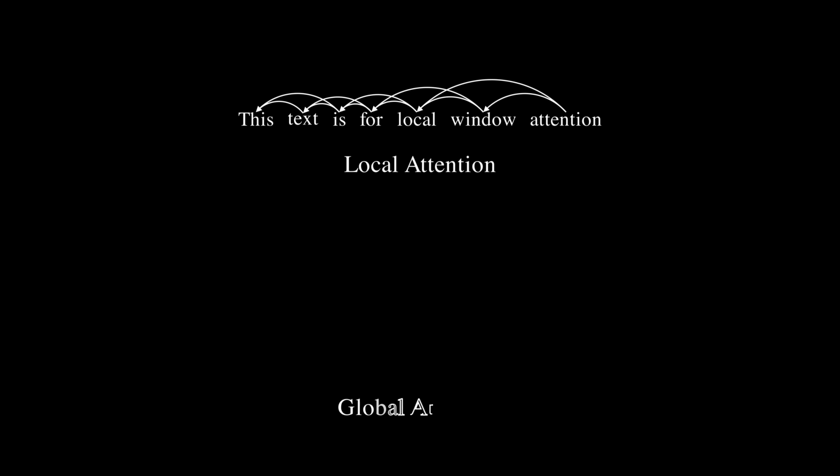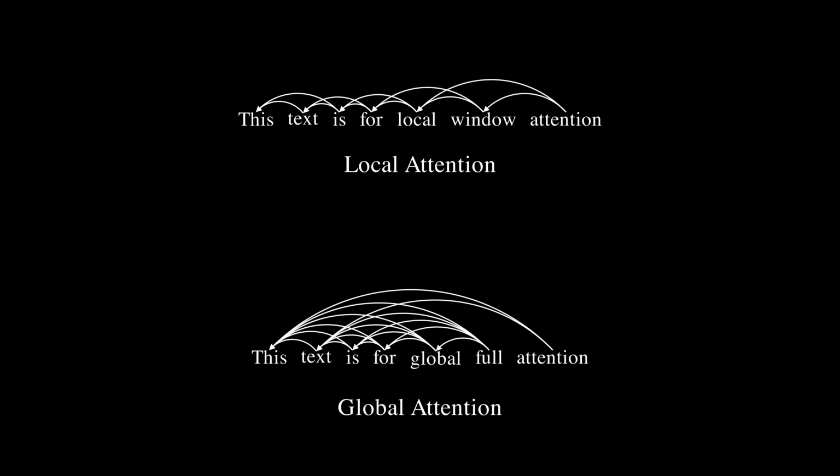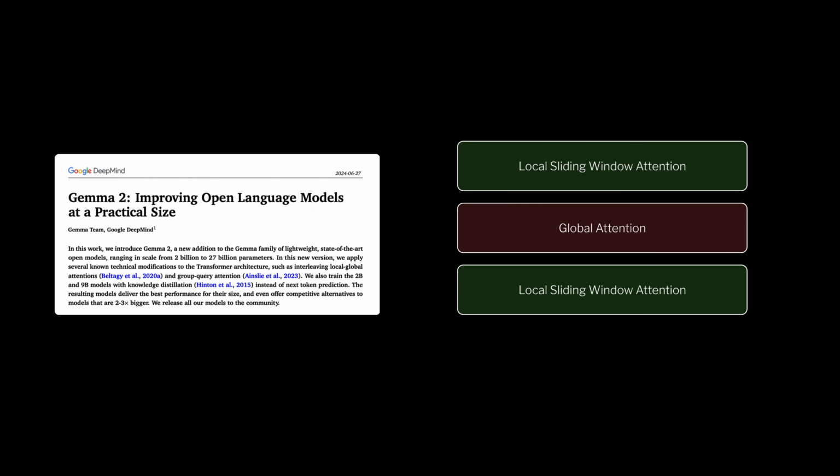Because of this, a common modification is to combine local attention layers with occasional global attention layers. That way, information can still propagate efficiently across the entire sequence. For example, Gemma 2 uses a 1-to-1 ratio between local and global attention layers, together with a 4K token sliding window.